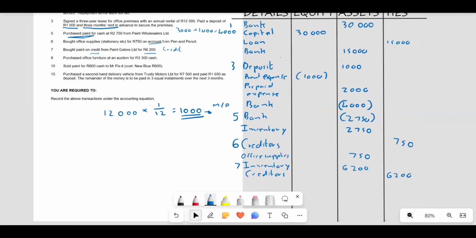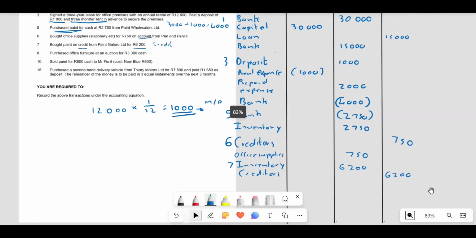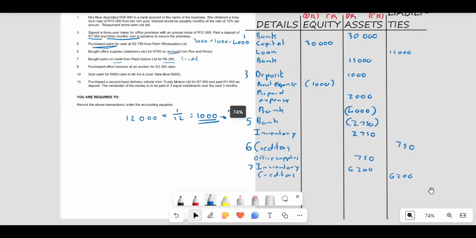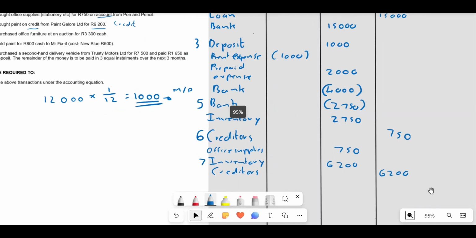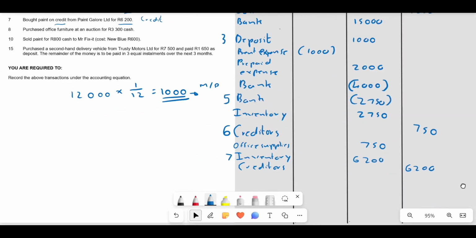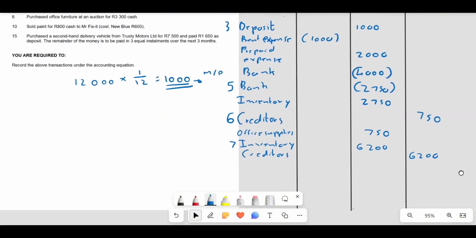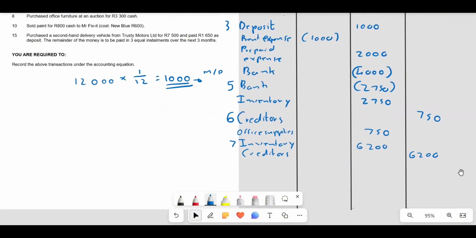Okay, so for making the screen smaller, I just want to make it clear to you properly. Purchased office furniture at an auction for 3,300 rands.